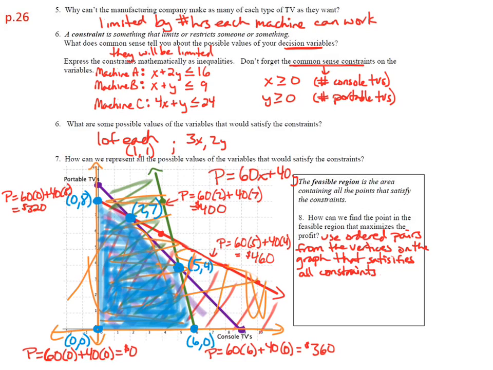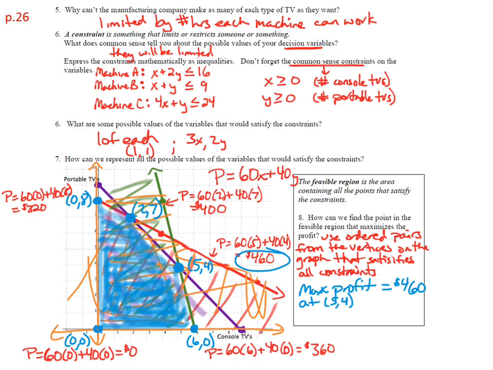So looking at all of those, we want to see which one is the highest maximum profit. So our max profit is going to be equal to $460, and that occurred at 5, 4. So what does that ordered pair 5, 4 mean?